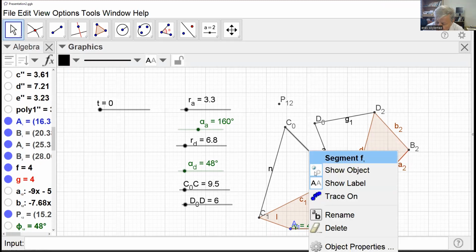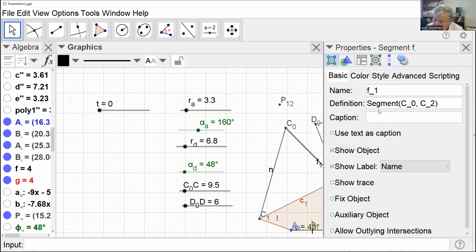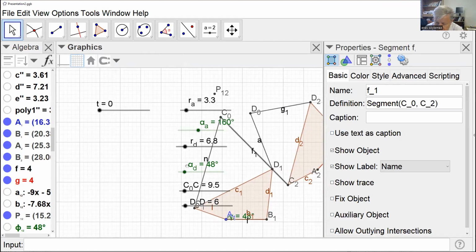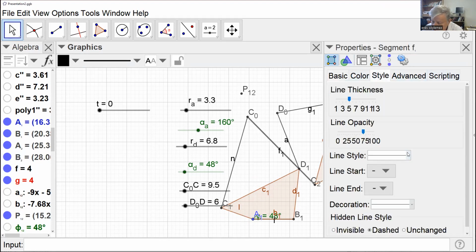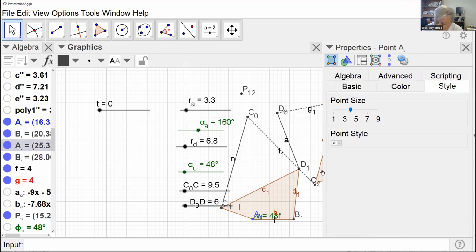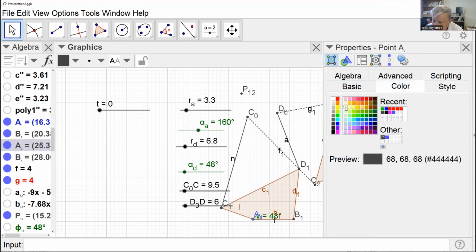In order not to confuse, what I will do is make these lines dashed so that you know it's the second position. And I'll change the color as well. Let me see.